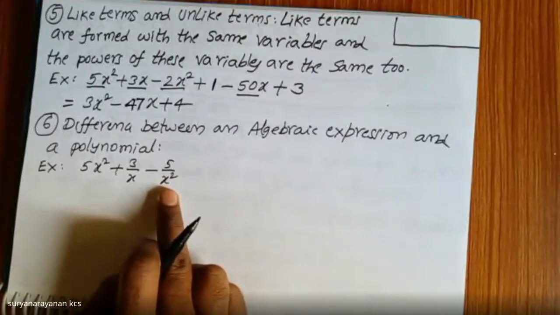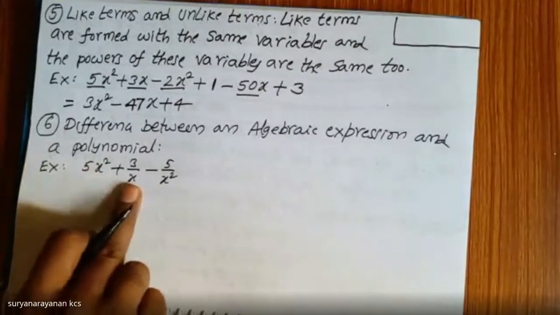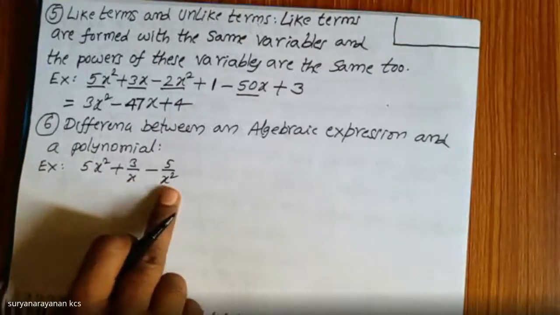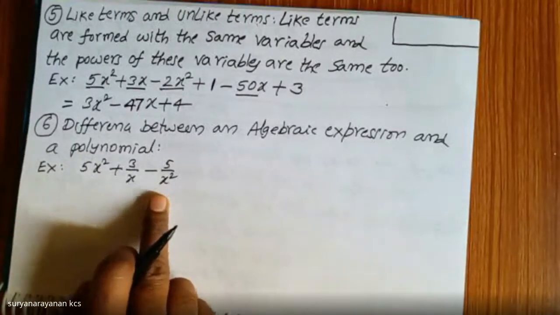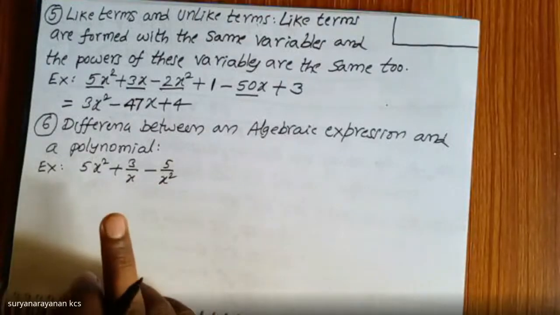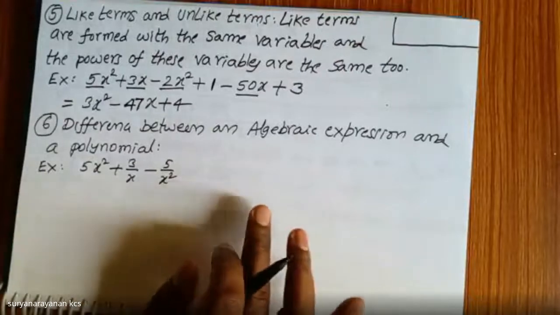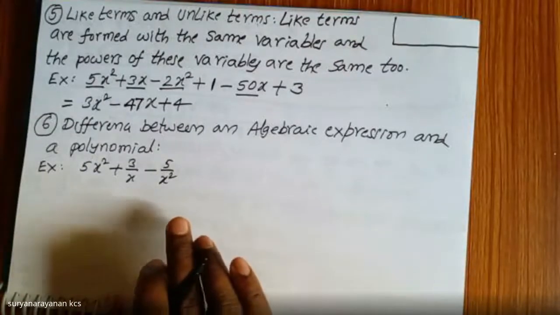Observe each and every term carefully: here the variable is in the numerator, here the variable is in the denominator, here also the variable is in the denominator. But in a polynomial, remember this point, my dear children, variables should not be in the denominator.